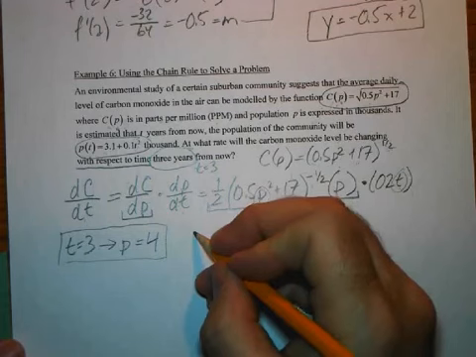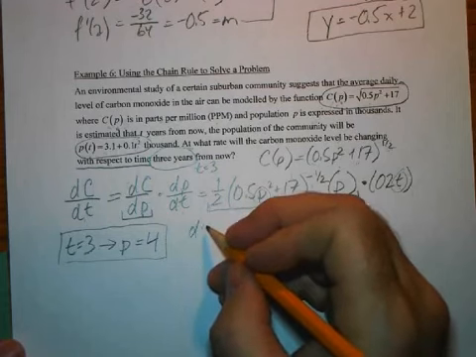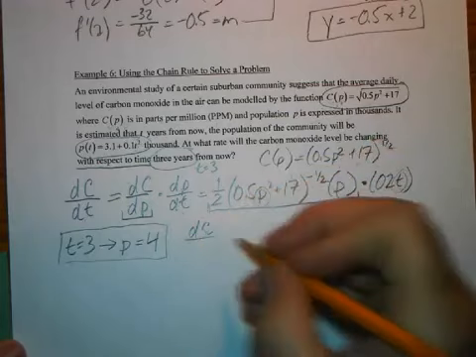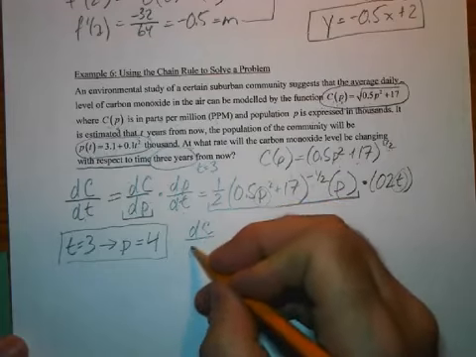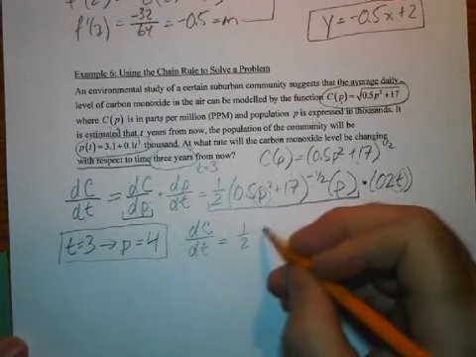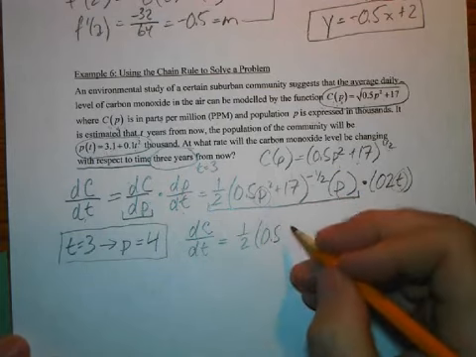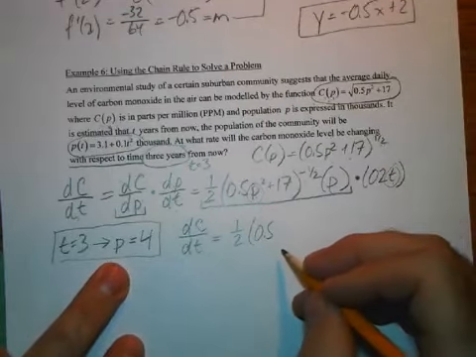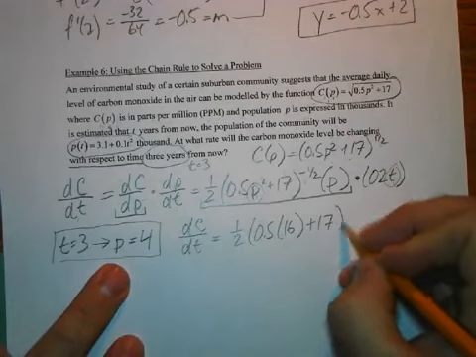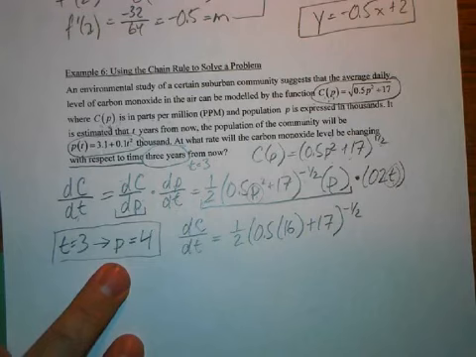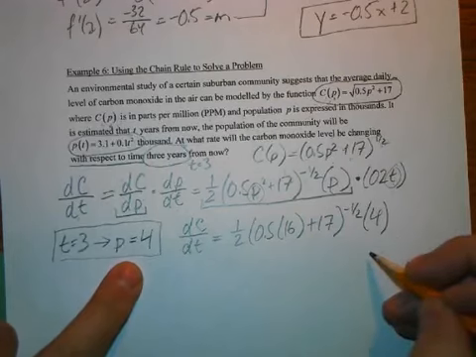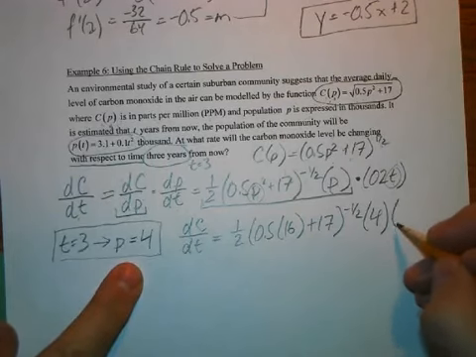So I know d of carbon monoxide with respect to time is going to be equal to, and now I'm going to plug in my values here, 1/2 times 0.5 p squared, so that's 16, plus 17 to the negative 1/2, times, the p is 4 here, so I multiply that by 4, times 0.2 times t, so that's a 3.